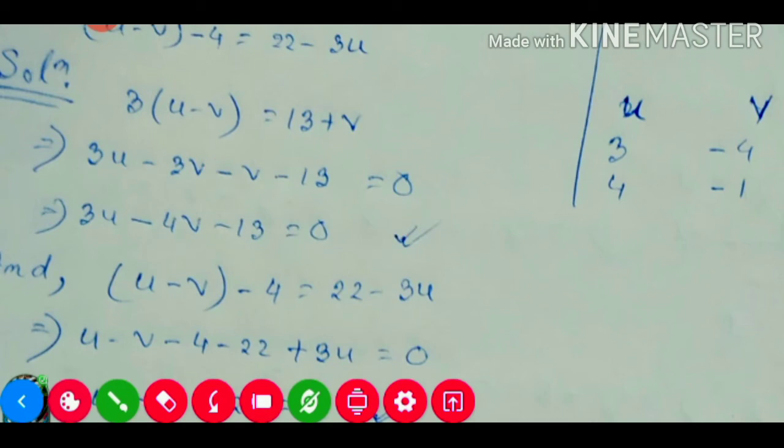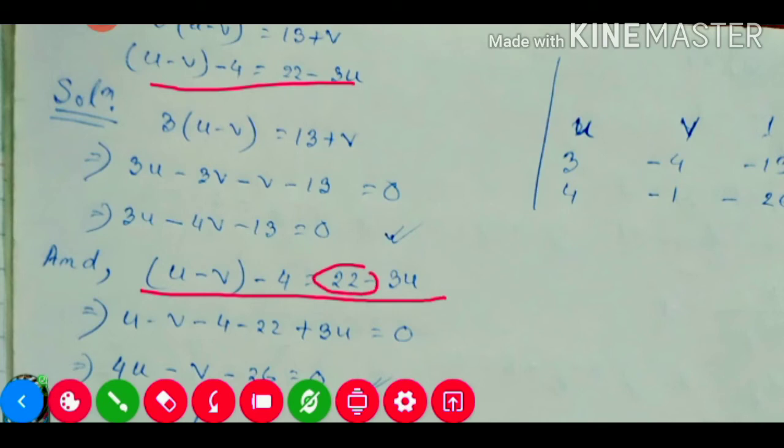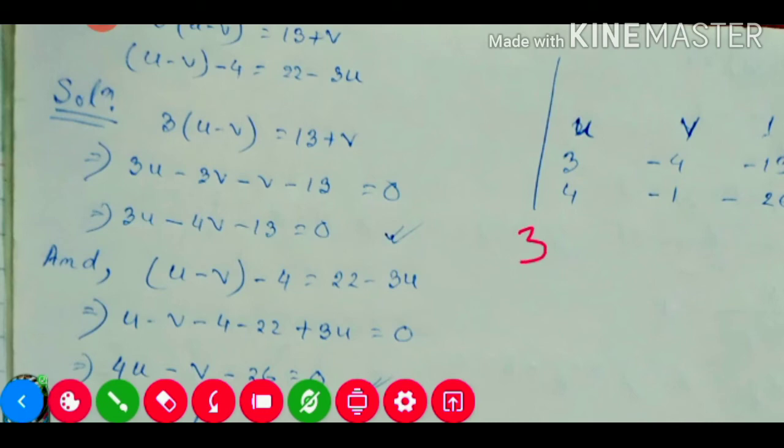Now the second equation is given: u minus b minus 4 is equal to 22 minus 3u. So this one is equation number 2. We'll take out this one from the bracket, so it will be u minus b minus 4, 22 we are shifting to the left hand side, so it will be minus 22, and minus 3u, it is u, not 34, it is u.